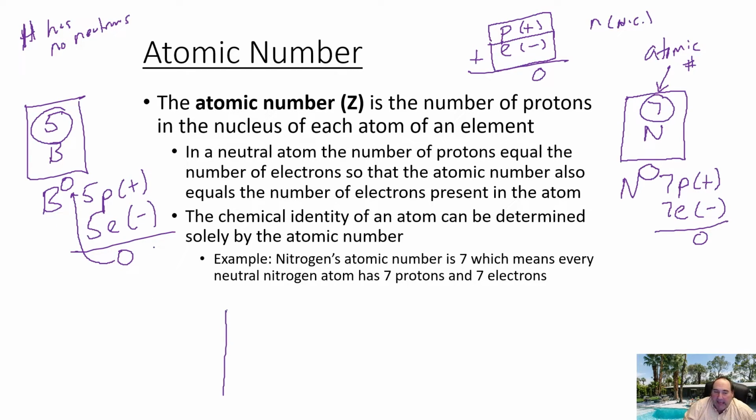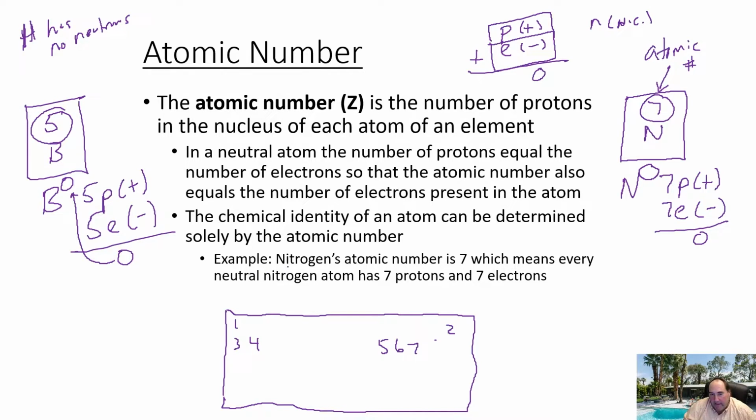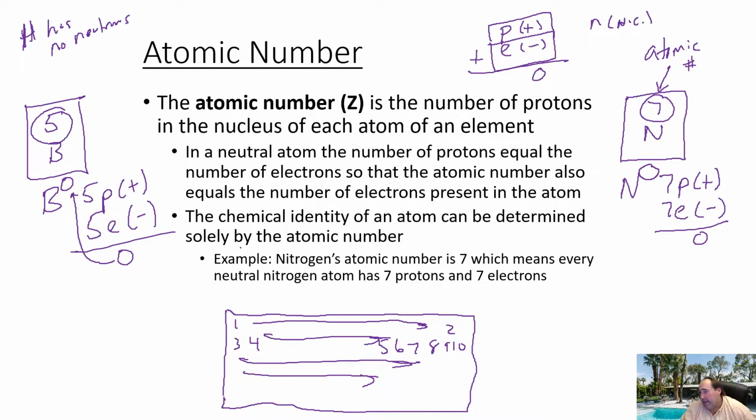If you take a gander at a periodic table that you might have near you, and you look at all the elements there and the atomic number on the periodic table, you will see that if you run this way and keep going, there is not one atomic number that repeats.